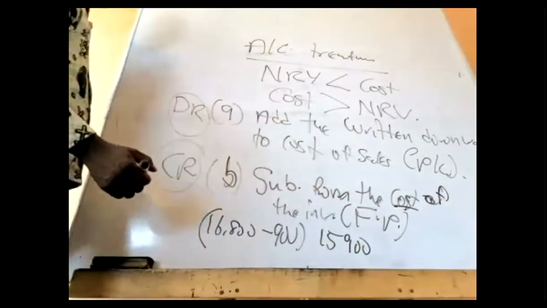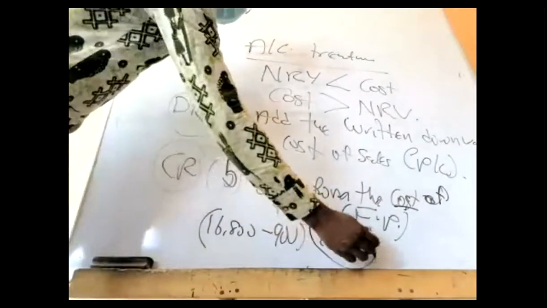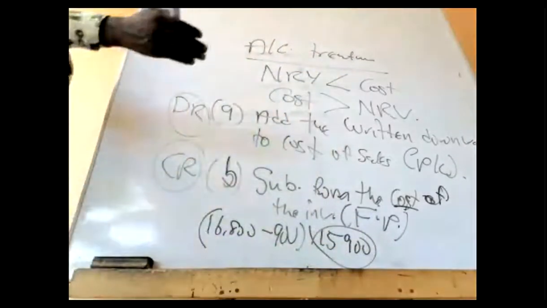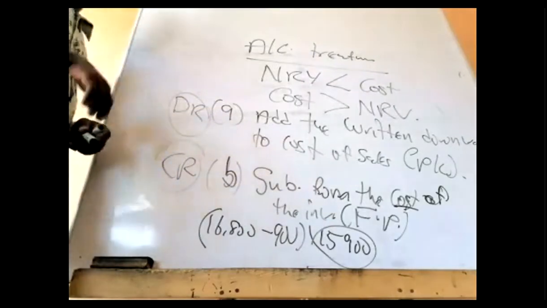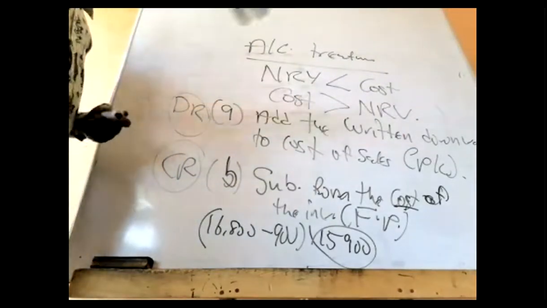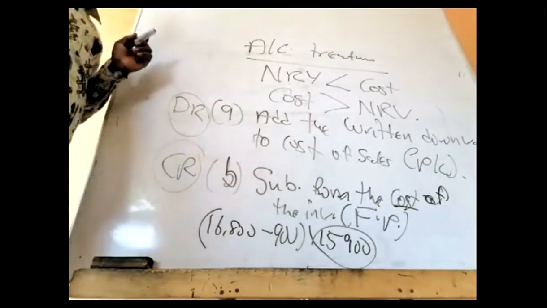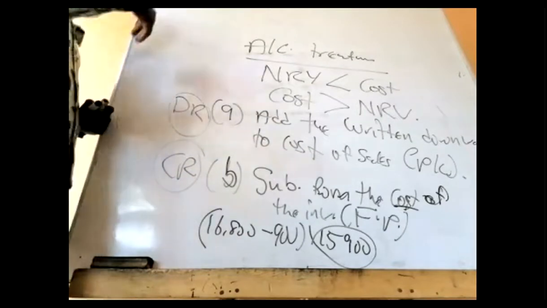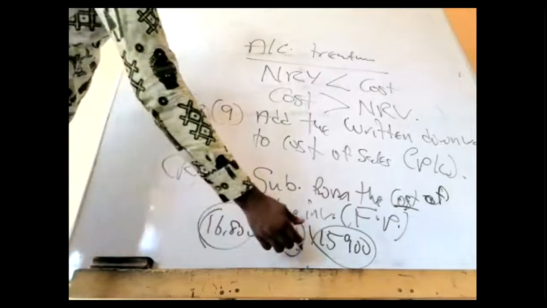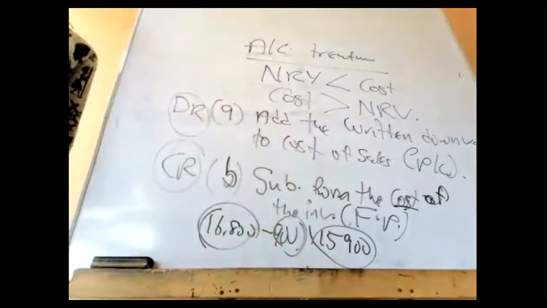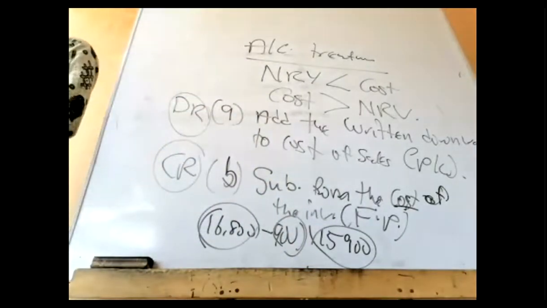Meaning that it is the same as picking the NRV straight to the financial position. So if you don't want to perform any treatment, just take the NRV straight to the financial position. It's okay. But if you want to also perform workings, then you bring the cost, subtract the written down value, and that is all. So that is the alternative treatment. So basically, that is it.